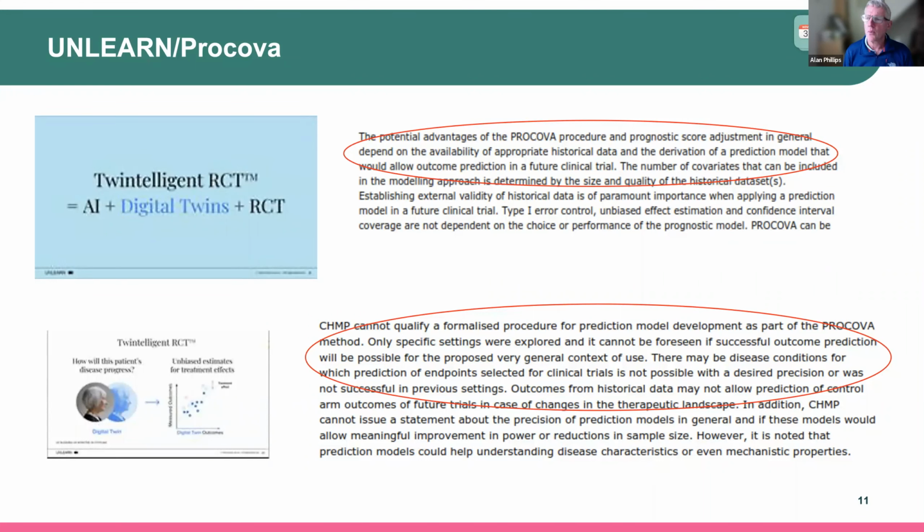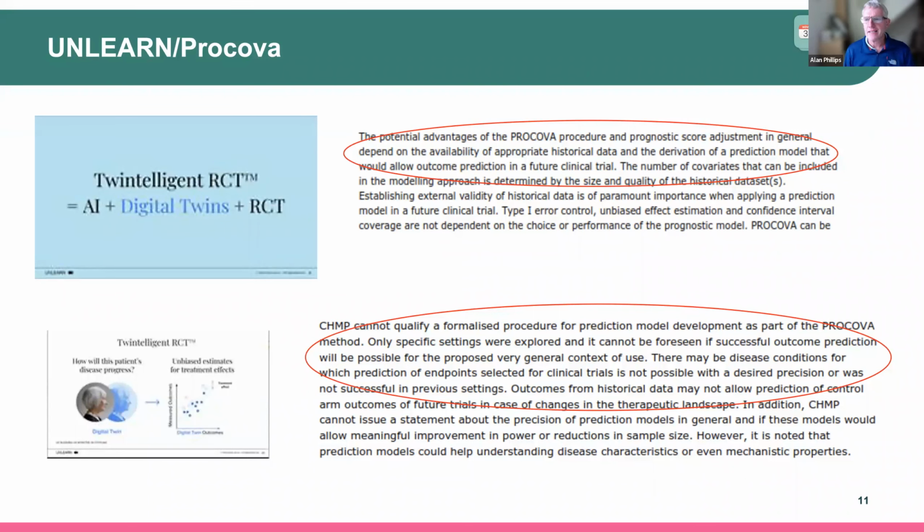What they're trying to do is identify the historical twin for the patient that's recruited within a clinical trial. They state that their methodology is patented, and they submitted it to the European and FDA agencies to say, will you accept this as an appropriate method?